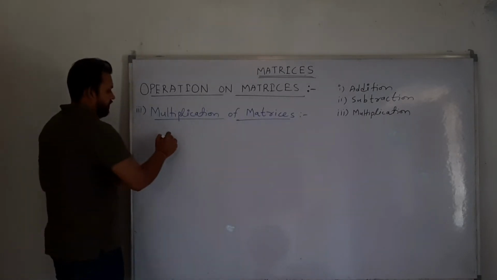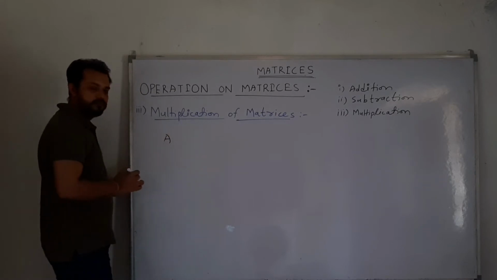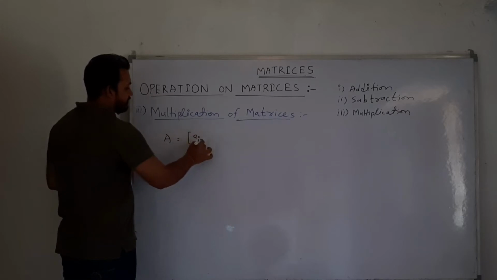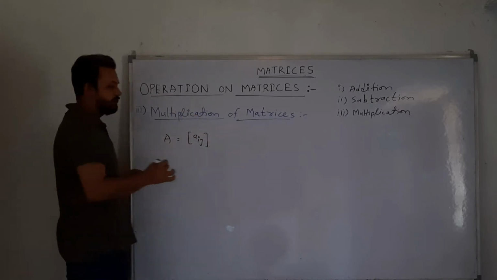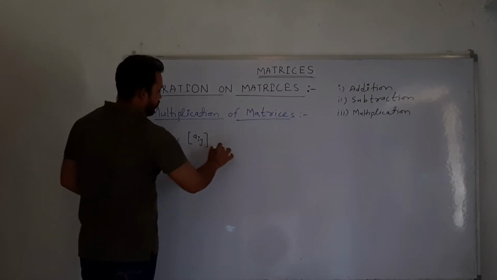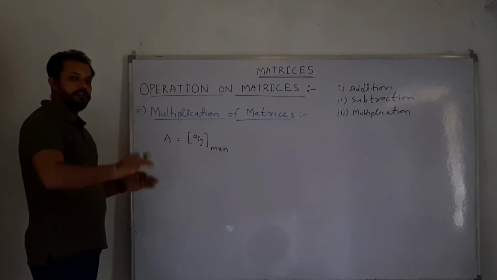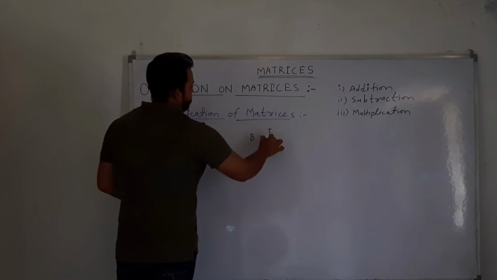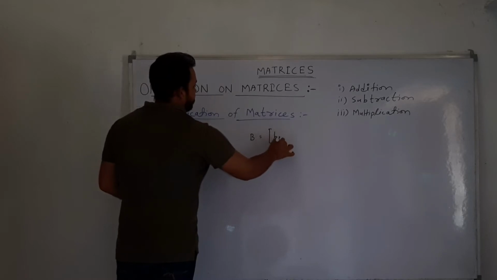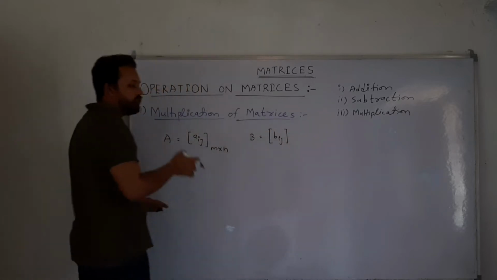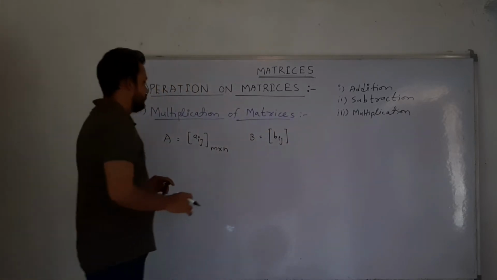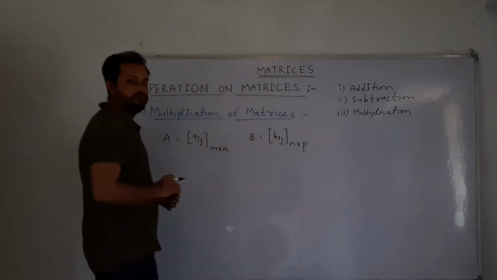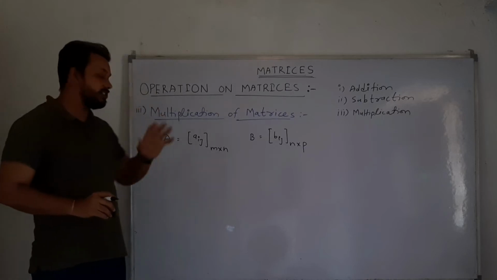We have matrix A. Suppose this matrix can be written as A_ij, and the order of this matrix is M cross N. We have a second matrix, matrix B. This matrix can be written as B_ij, and the order of this matrix is N cross P. So we have two matrices.